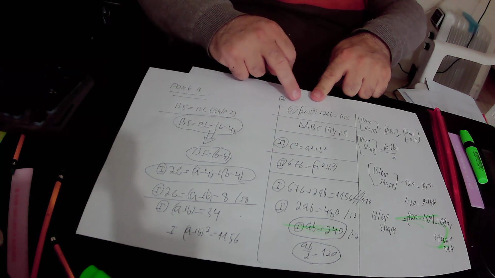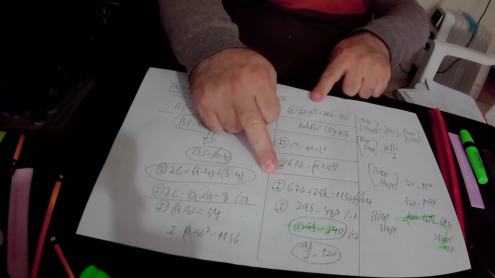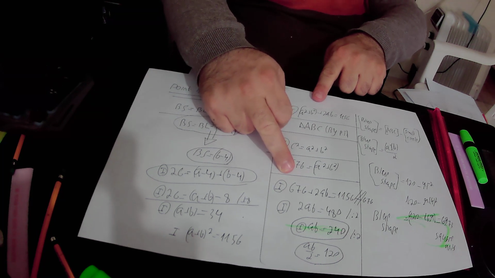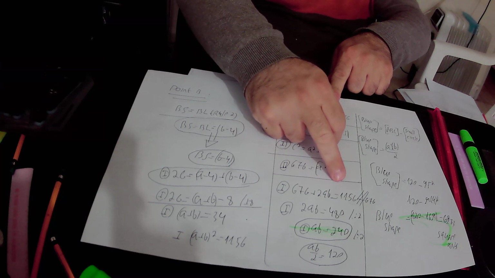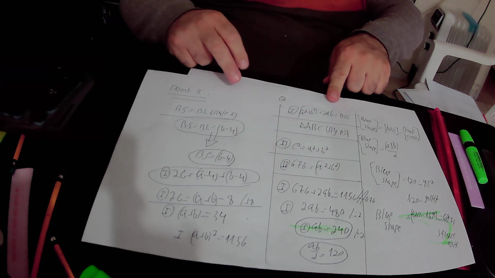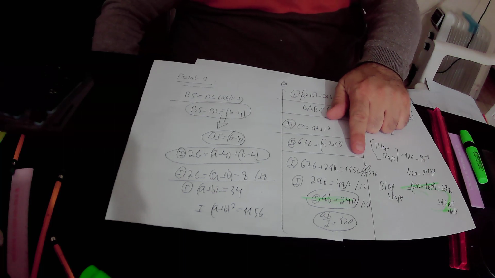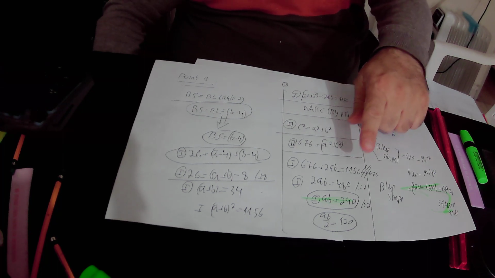We did it, and we got that 676 plus 2 times AB equals 1156. Then we subtracted 676 from this equation number 1, and found out that 2 times AB equals 1156 minus 676, which is 480.